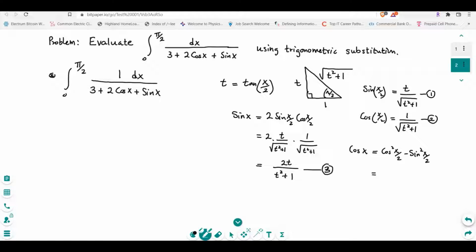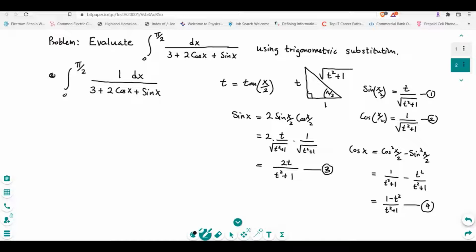Cosine squared x over 2 is simply 1 over, take the square of number 2, so that's going to be 1 over t squared plus 1, minus sine squared x over 2, take the square of number 1, so that's going to be t squared over t squared plus 1. So then you can see we'll get 1 minus t squared over t squared plus 1, and I'll call that number 4.